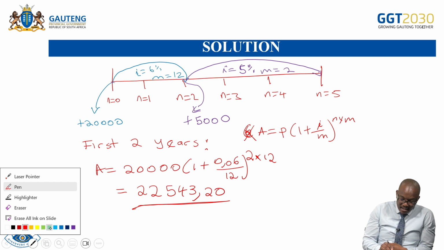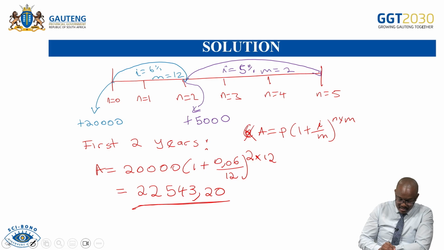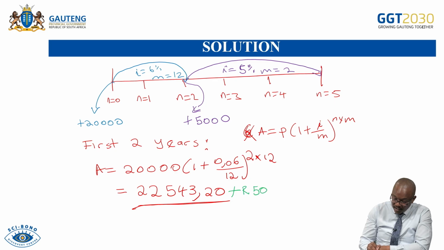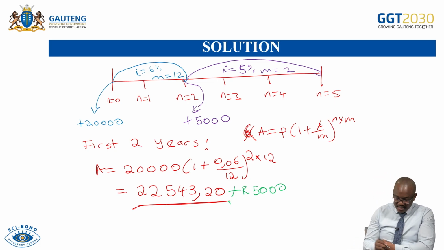And at the end of 2 years now, Samuel deposited what? Deposited the amount of 5,000. I hope now you understand why I am adding 5,000 there.